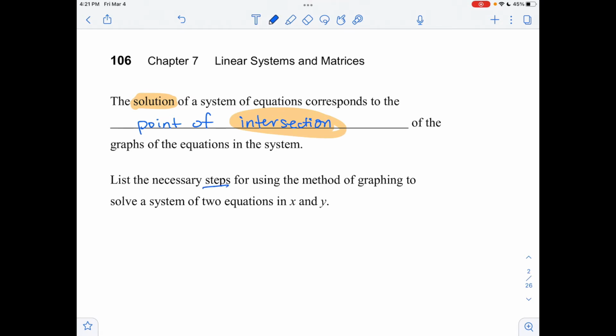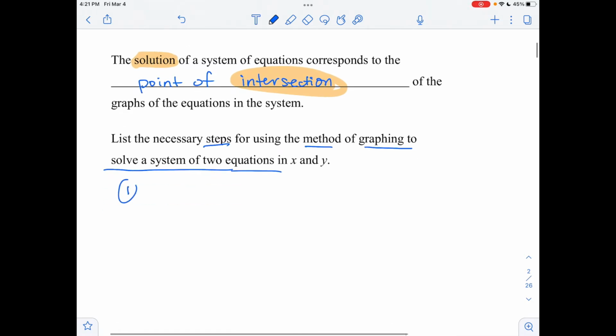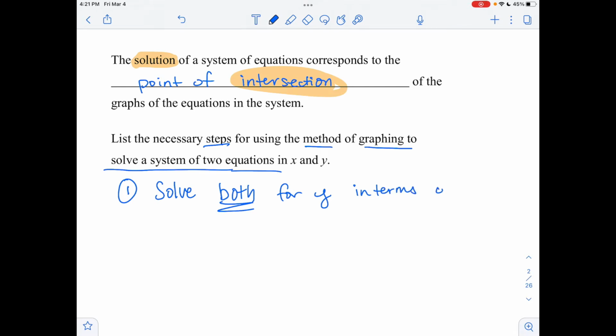And the steps for using the method of graphing to solve a system of two equations go like this. Number one, you're going to solve both equations for y, meaning you get y alone in terms of x.